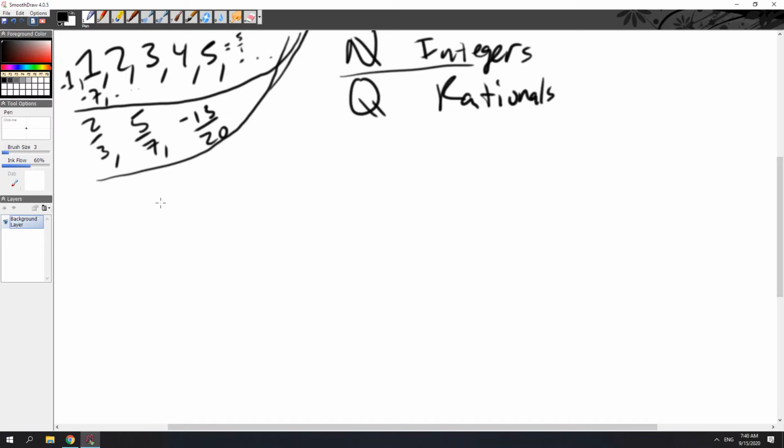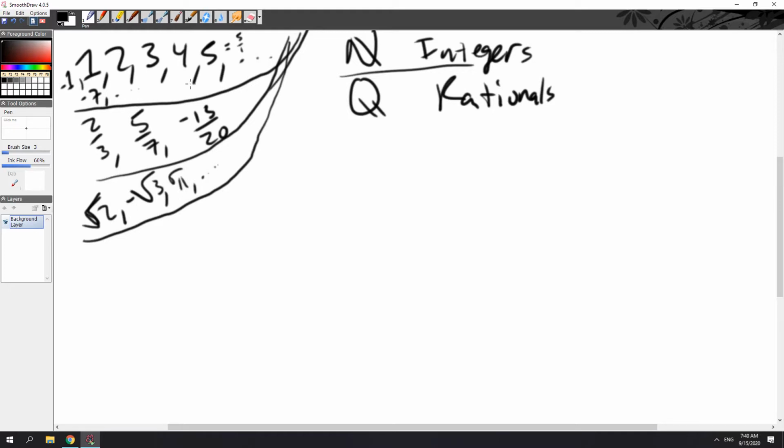Along with the rationals, you get irrationals, so we're going to throw in the irrational numbers, like -√3, pi, and so on. These are numbers that cannot be represented as a fraction.